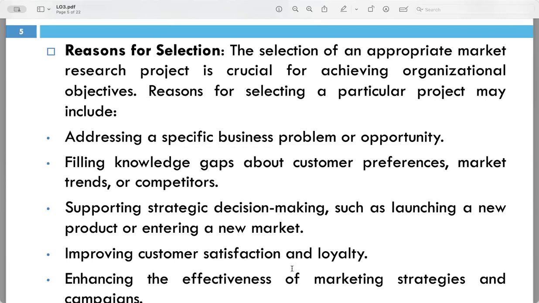It helps organizations understand the market landscape, identify target audiences, and develop strategies that align with consumer needs and market conditions. This reduces the risk associated with strategic decisions and increases the likelihood of success.